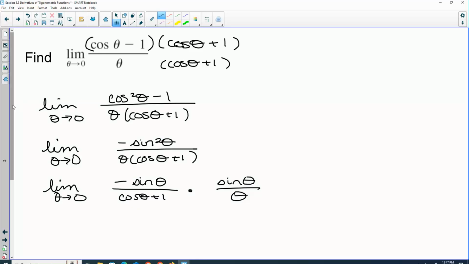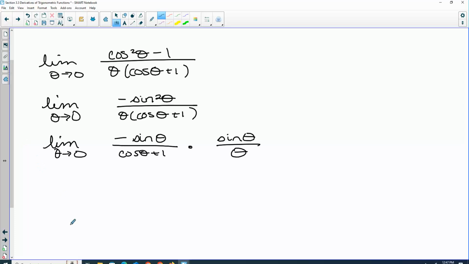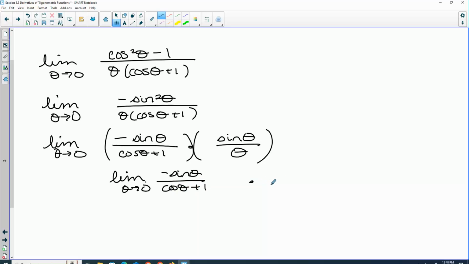I cannot just straight plug in 0, but we know that if we have the limit of two things being multiplied, we can do their individual limits, right? So this is the limit as theta goes to 0 of negative sine theta over cosine theta plus 1 times the limit as theta approaches 0 of sine theta over theta.